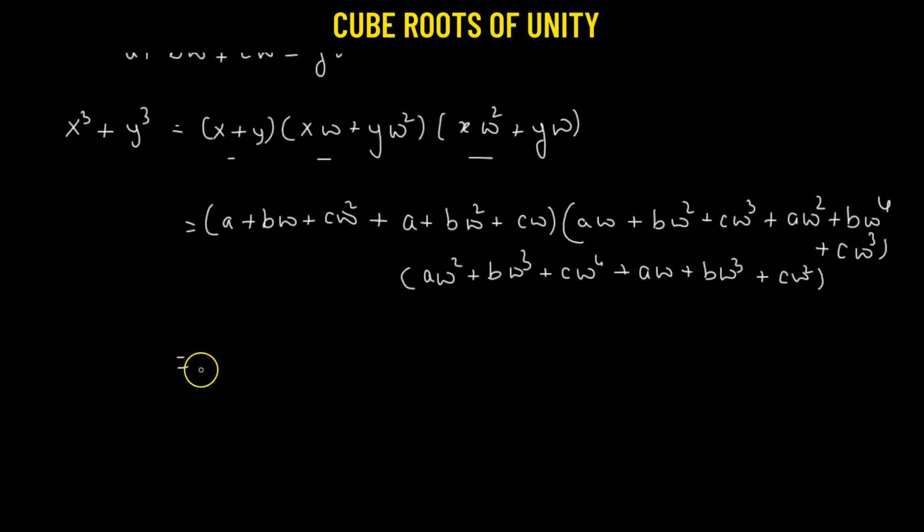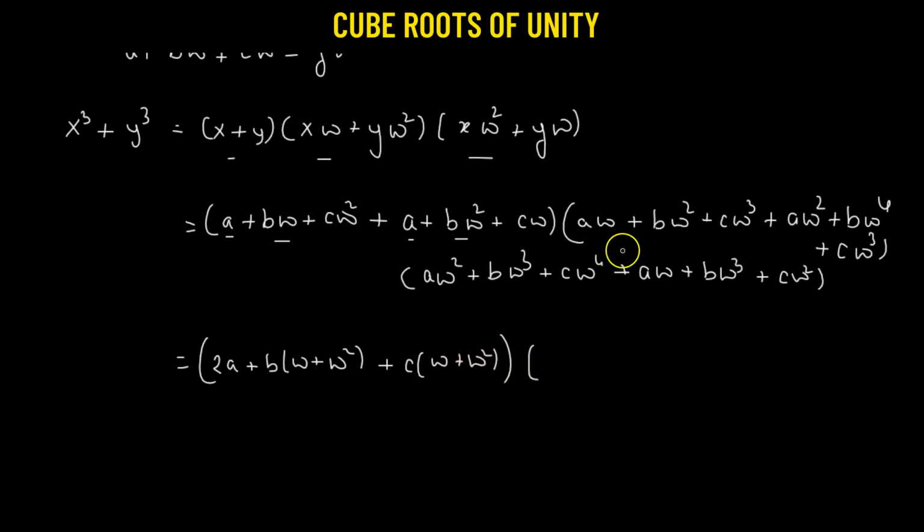Now let's further simplify. Here we have a and a, which get added to give us 2a. Now we have b omega and b omega squared, so we'll take b as the common factor, multiplied by omega plus omega squared. Similarly, we'll take c as the common factor, multiplied by omega plus omega squared.